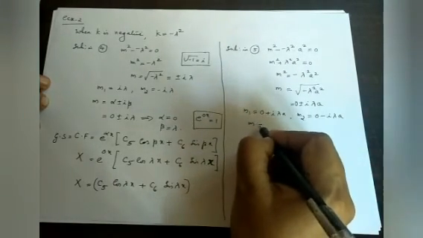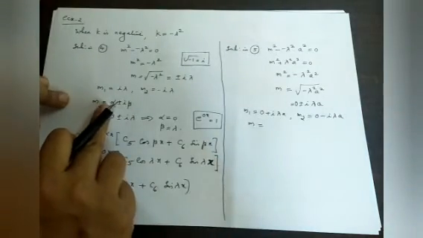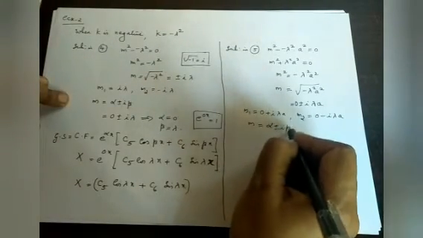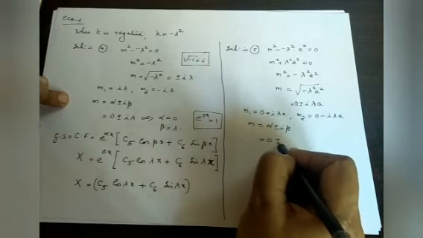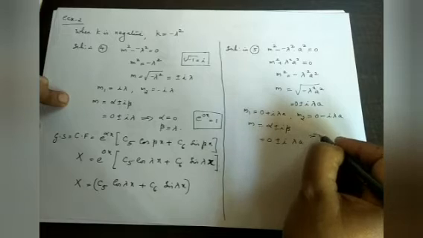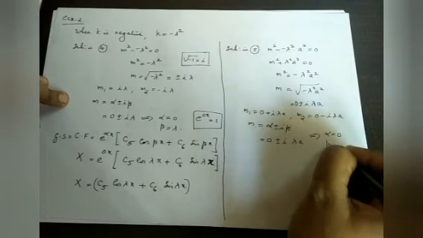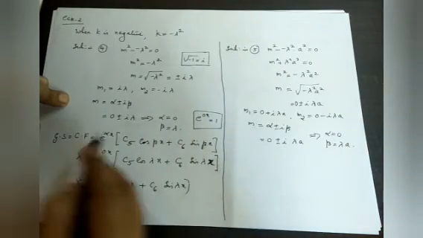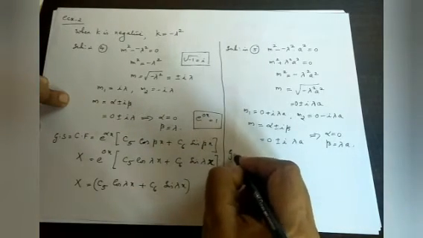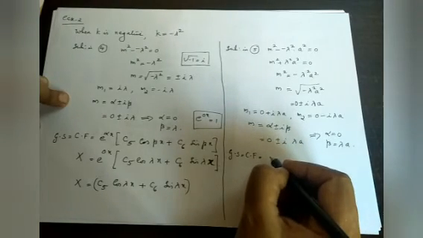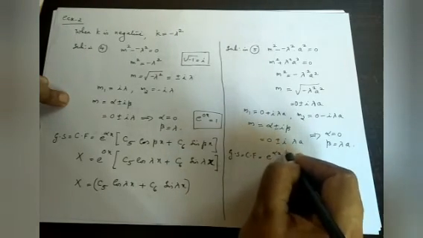Or we have m is of the form, similar form alpha plus or minus i beta, where alpha is 0 and beta is lambda a. Which implies here we can write alpha 0 and beta lambda a. Therefore, the general solution or the complementary function will be e raised to alpha x.